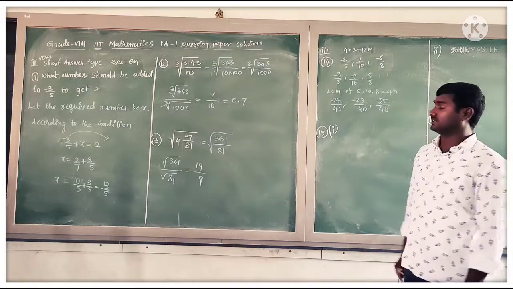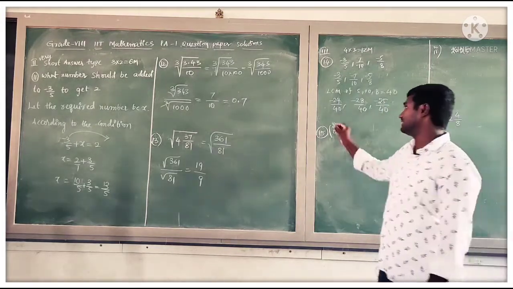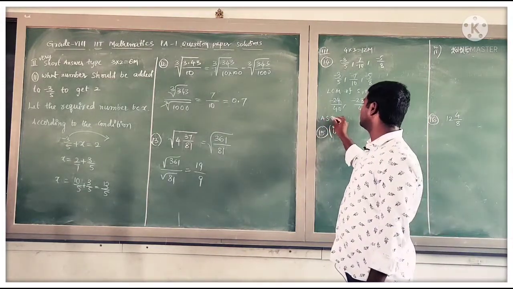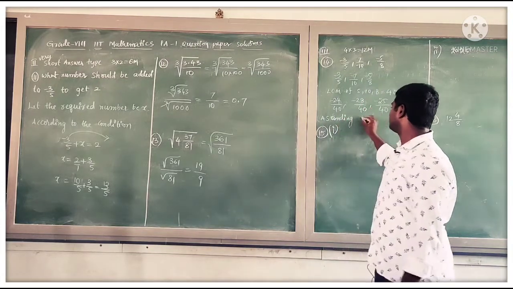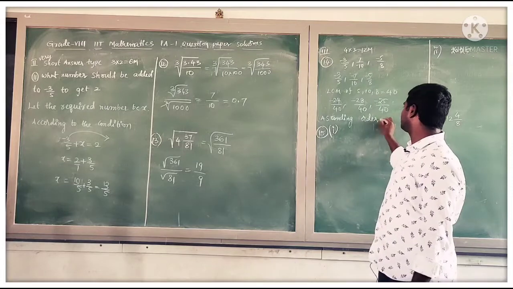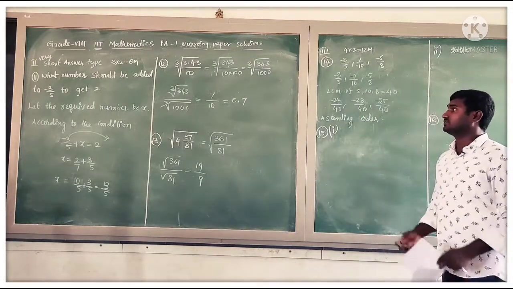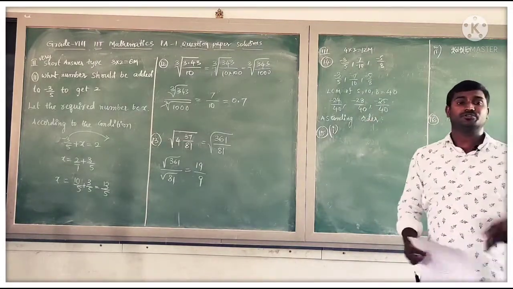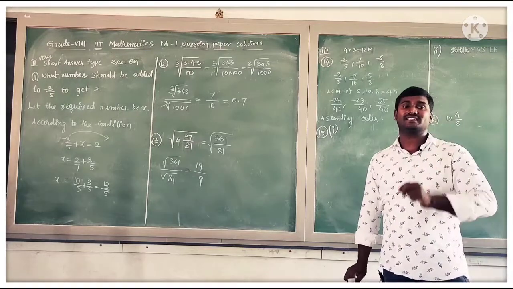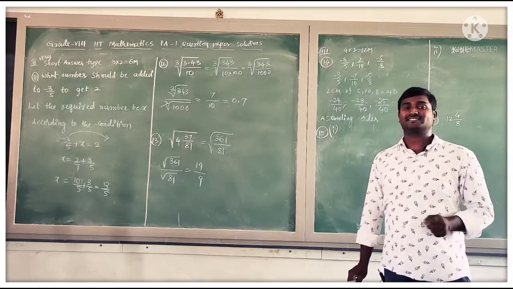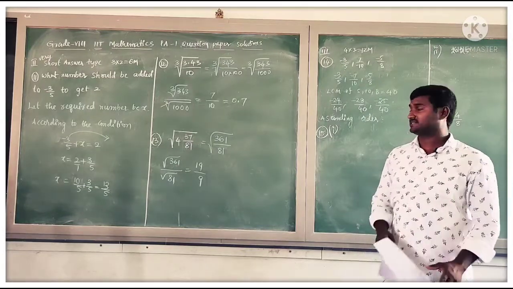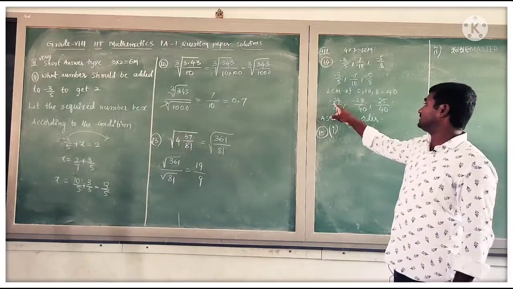Now we arrange them in ascending order. If the denominator is the same, the one with the smallest integer in the numerator is the smallest rational number, and the one with the greatest integer is the greatest. See, in the numerator, is minus 24 greater or minus 28 greater?